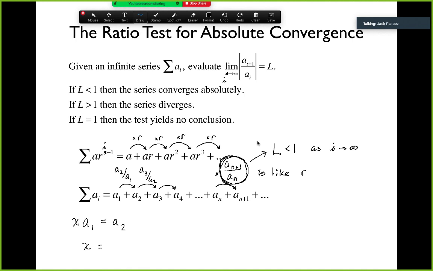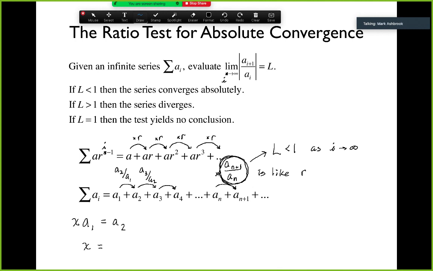It converges. So a geometric series has a constant r, and if r is less than 1, it converges. The ratio test is looking at the sequence of these ratios and saying, what if that ratio gets closer and closer to an r value that's less than 1? Well then, this is becoming like a geometric series with that r value.